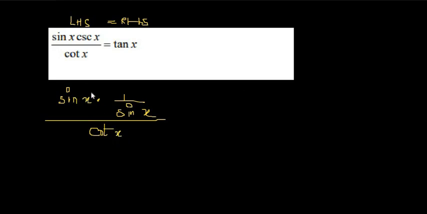I'm not going to use any identity here. Now you can see that sine x from here and sine x from here gets divided. Hence we get the answer as 1 over cot x. And 1 over cot x is the reciprocal of tan x. So we can directly write 1 over cot x as tan x, which is equal to the RHS.